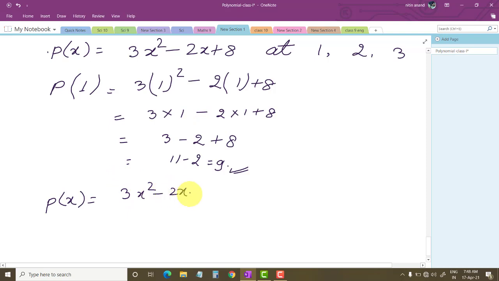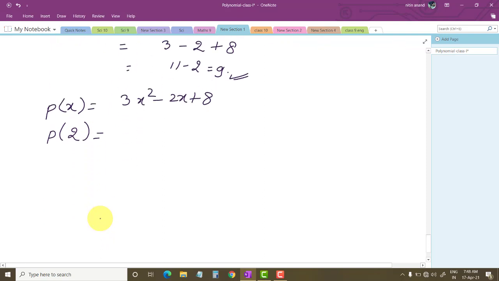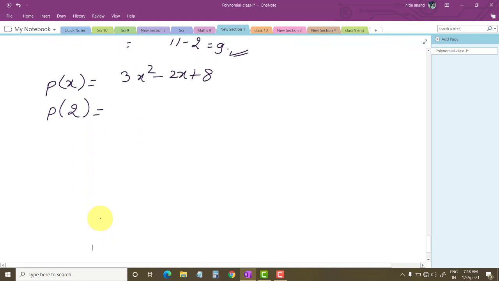We have to find its value at the point 2, so we replace x by 2. Then it becomes 3x square with x replaced by 2, minus 2 into x with x replaced by 2, plus 8.